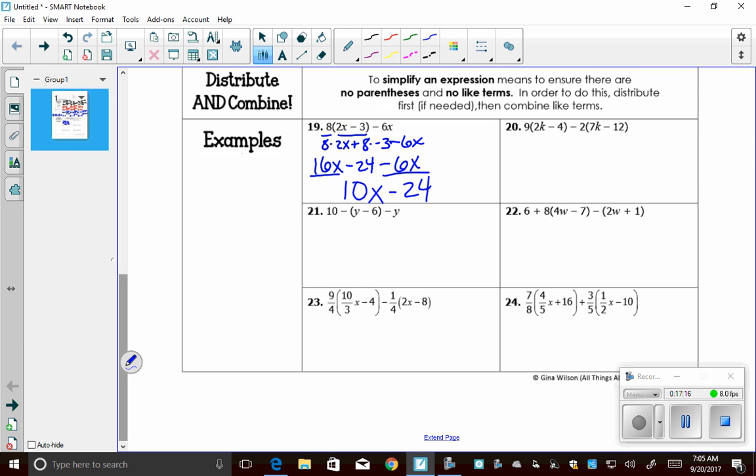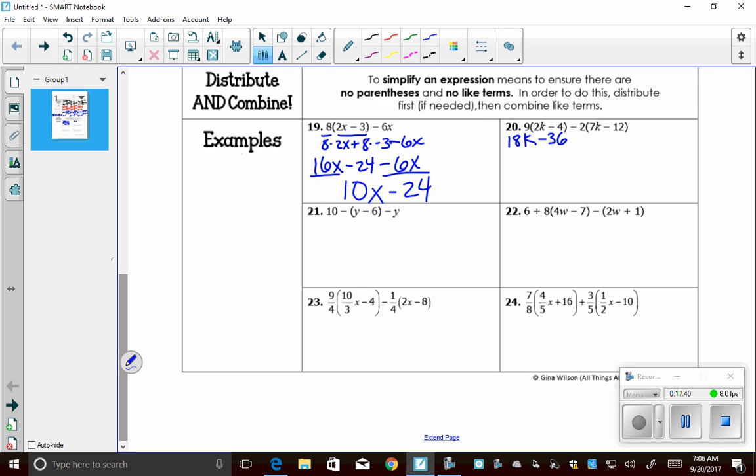Number 20. This time, we have 2 sets of parentheses that also need to be distributed. 9 times 2 gives me 18k. 9 times negative 4 gives me negative 36.